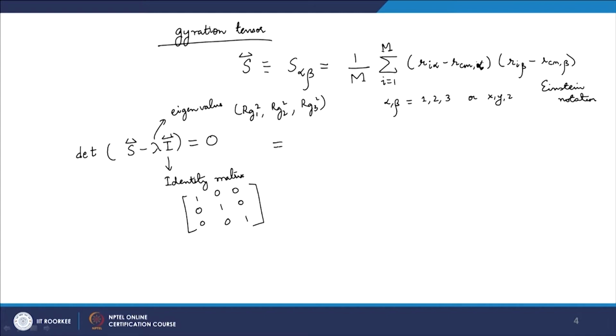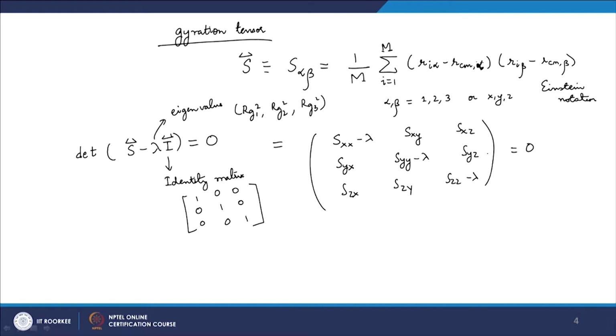So, let us say I start from the XYZ frame as the reference, so we have to solve this particular relation, which happens to be a cubic equation in lambda, and this gives me the 3 eigenvalues.